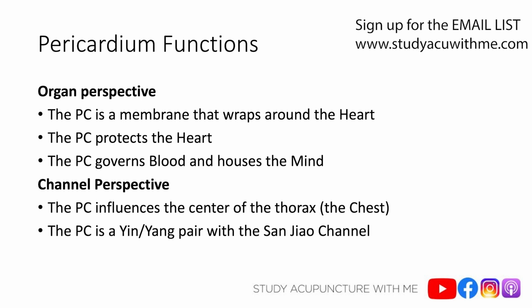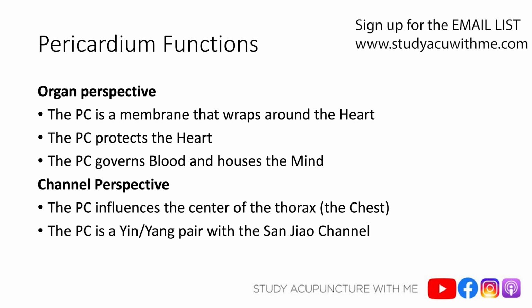So from an organ theory perspective, the function of the pericardium is really actually similar to the function of the heart, because the pericardium also governs blood. It also houses the mind. And the heart also governs blood and houses the mind. And you can see this in the point functions of the pericardium. So if you open up your Acupuncture Point app and you scroll through the functions of the pericardium, you can see a lot of them have to do with regulating the heart, calming the spirit, and some of them even specifically say invigorates blood, cools blood, stops bleeding, calms the spirit, settles the spirit.